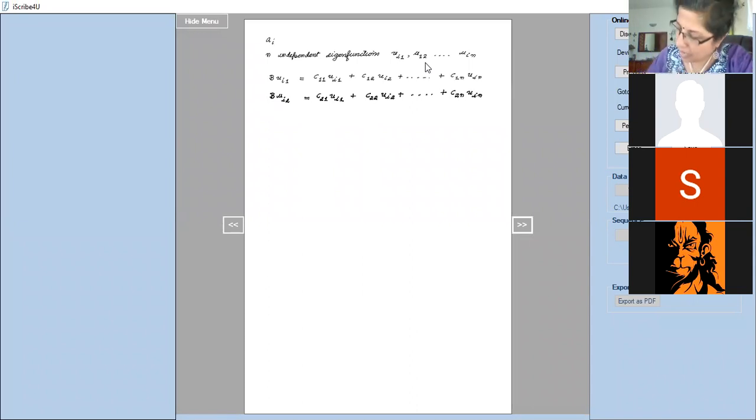Like that I can go on, and finally I can write BUIN is equal to CN1 UI1 plus CN2 UI2 plus dot dot dot CNN UIN. Okay, I've written down all the equations.